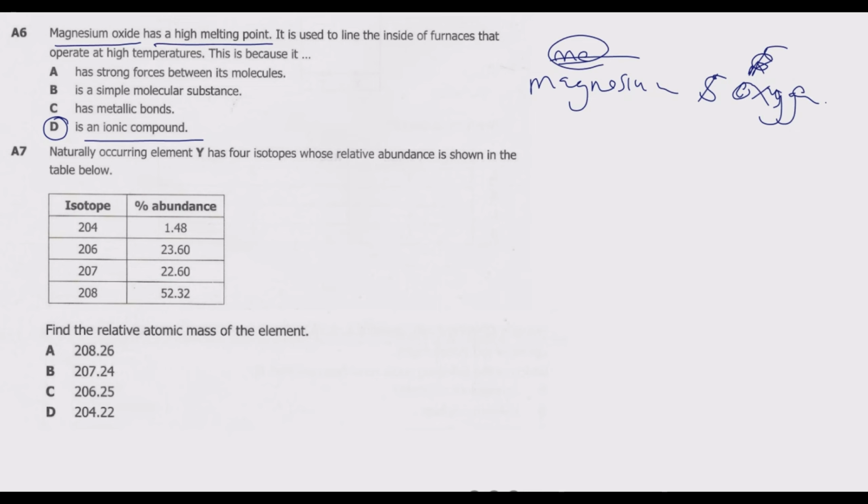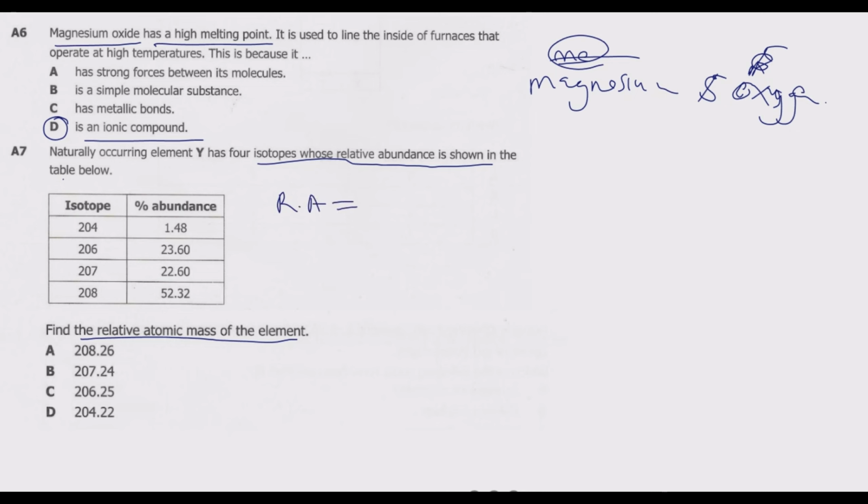Number 7, naturally occurring element Y has 4 isotopes whose relative abundance is shown in the table below. Okay, so we have this. Find the relative atomic mass of this element. Okay, so let us find the relative atomic mass. We shall call it R.A.M, relative atomic mass.